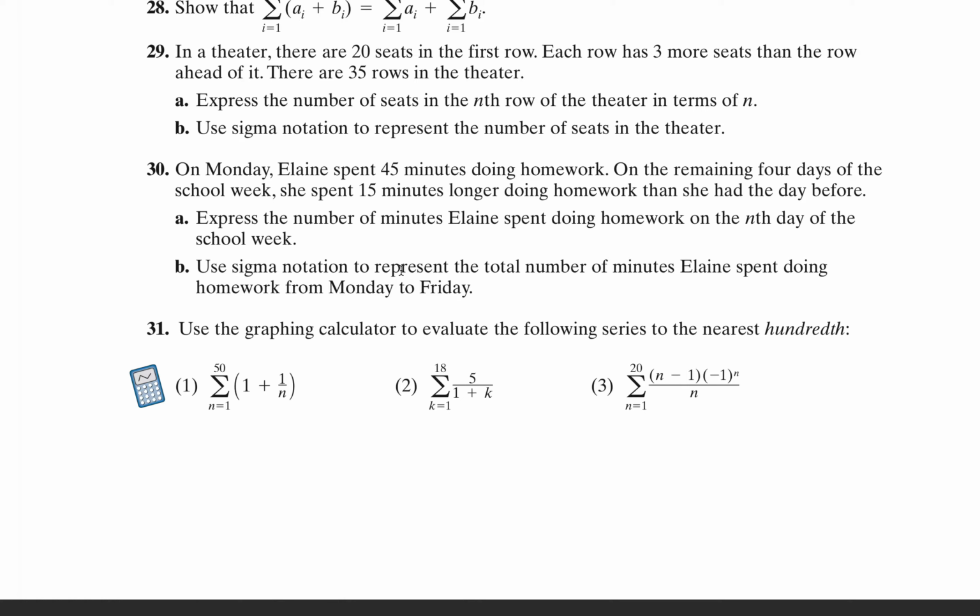Yeah, that's right. So we've got the sum of the arithmetic sequence.